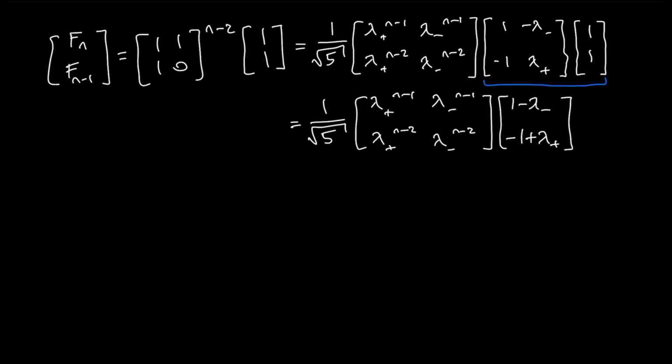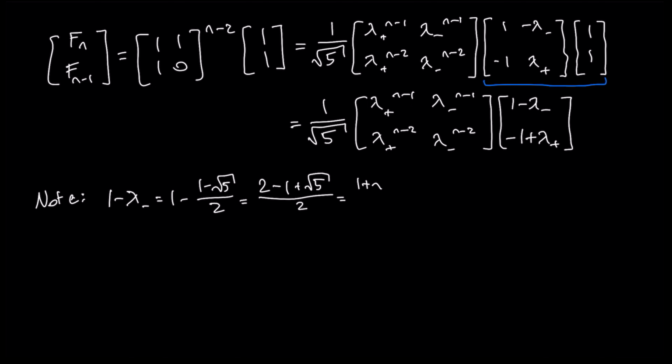And here we note that 1 minus lambda minus is equal to 1 minus the square root of 5 over 2, which is equal to 2 minus 1 plus the square root of 5 over 2, which is equal to 1 plus the square root of 5 over 2, which is equal to lambda plus.